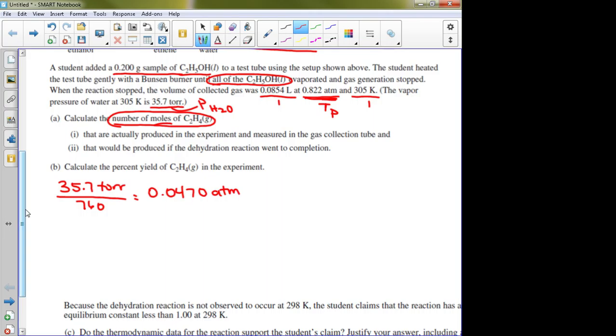Now how do I get the pressure of ethene? Subtract. So for the pressure of ethene, I'll do 0.822 atmospheres minus 0.0470 atmospheres. So the pressure of ethene is what?